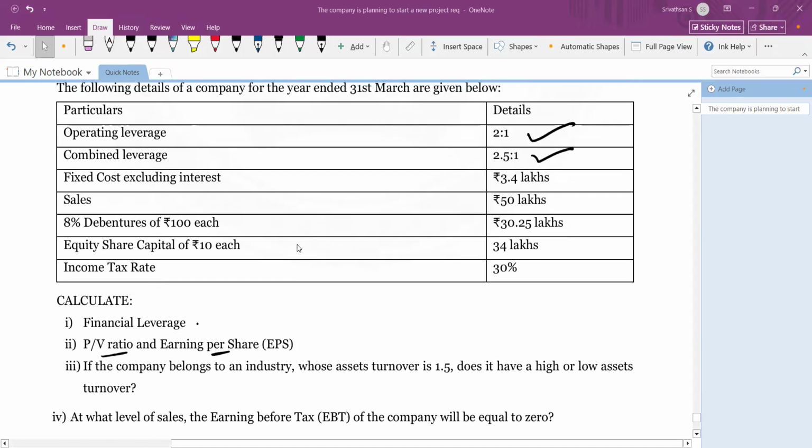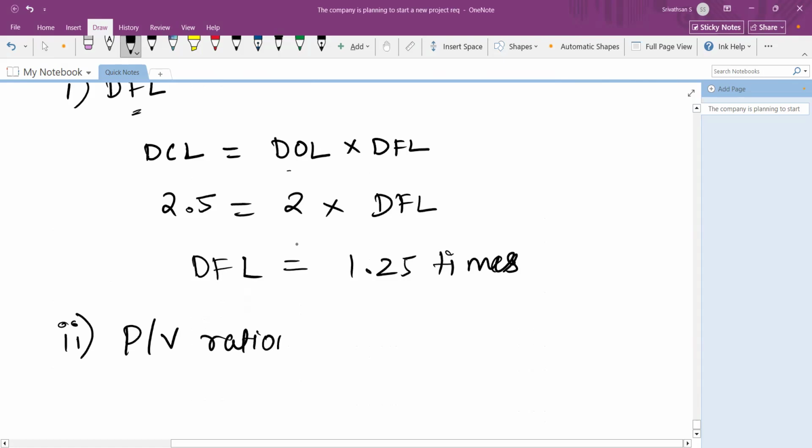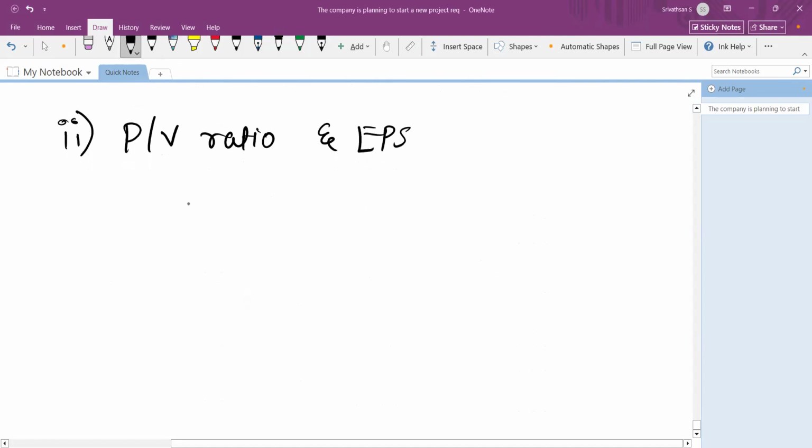The second requirement of the question is to calculate PV ratio or contribution to sales ratio and EPS, right? So for calculating the PV ratio, the formula is contribution divided by sales.